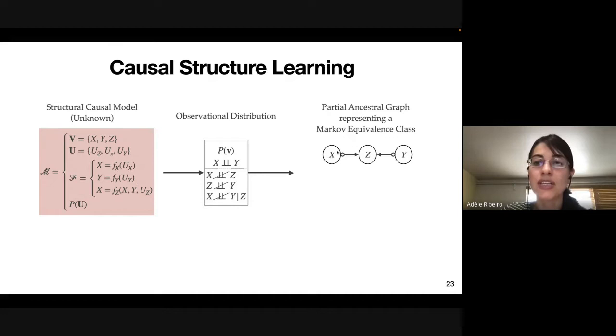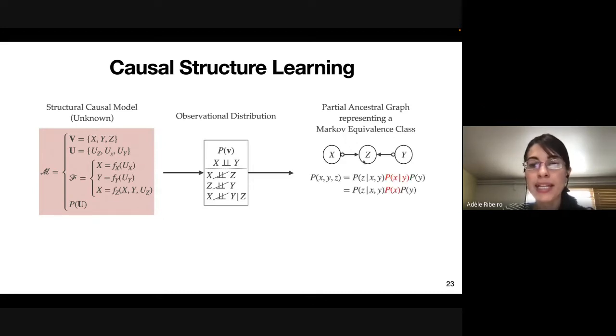So Z is not an ancestor of X, Z is not an ancestor of Y. But the circle means that we couldn't decide from the observational data if this is an arrowhead or a tail, or both. We couldn't decide from the observational data what is actually the edge mark here.